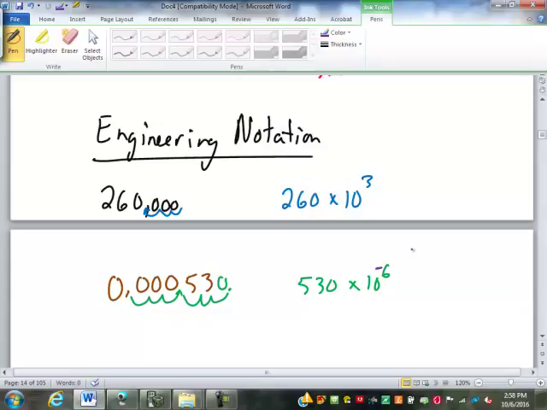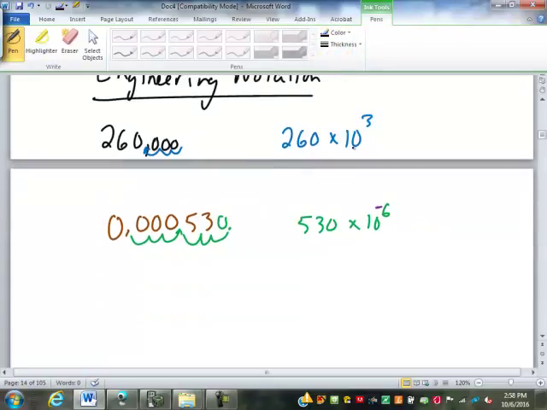So the question comes out, why would we do this? Why do we want to limit this? Well, because when we do metric measurements, our metric prefixes are engineering notation. We'll look at these more next week, what our measurement units are, but if you have meters, then you go to millimeters, and micrometers.